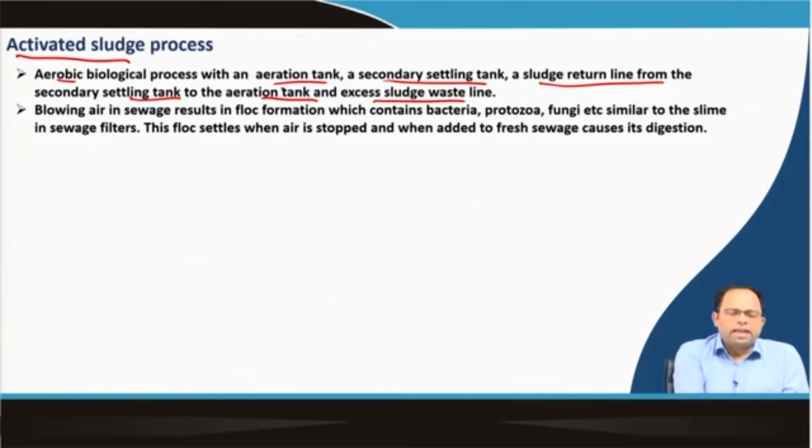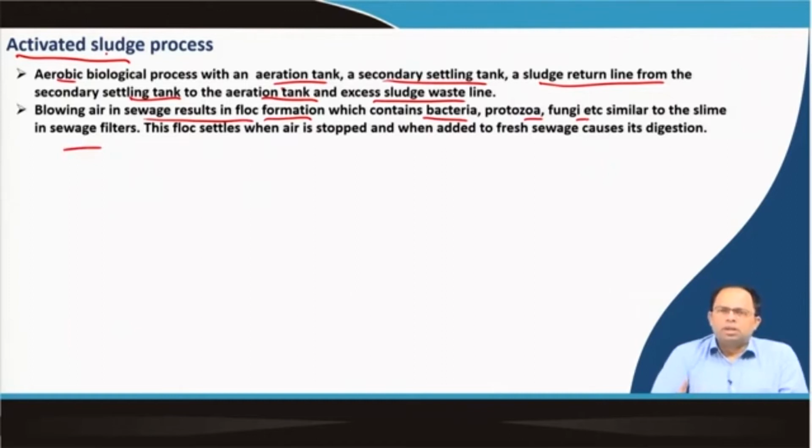So, that is why this process is known as the activated sludge process. Blowing of air into the sewage, or aeration, results in flock formation which contains bacteria, protozoa, fungi, etc., similar to the slime in the sewage filter.